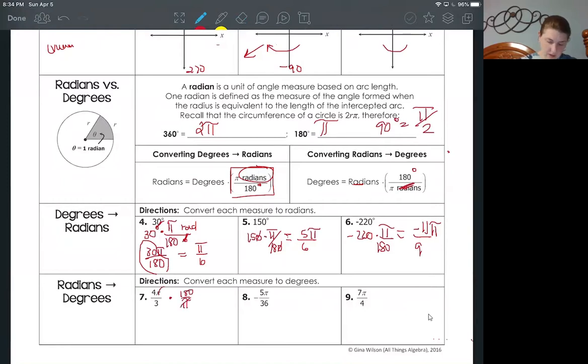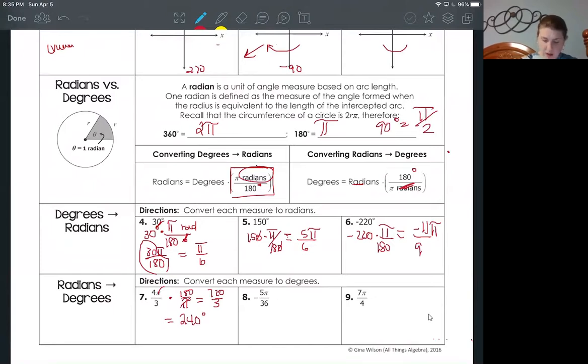So the pi is going to go away, and you'll do 4 times 180 and then put that over 3. So 4 times 180 is 720 divided by 3. And then we would again hit math, enter, enter, or just do that math problem and you get 240 degrees. Again, using our calculator to help us. And these are degrees because we're converting it to degrees.